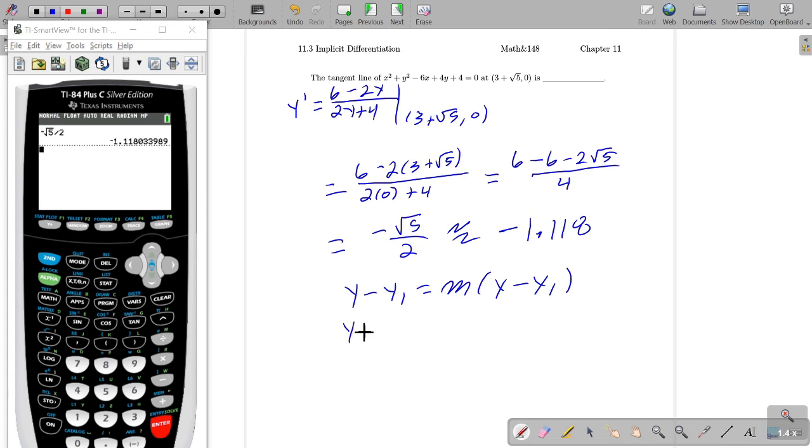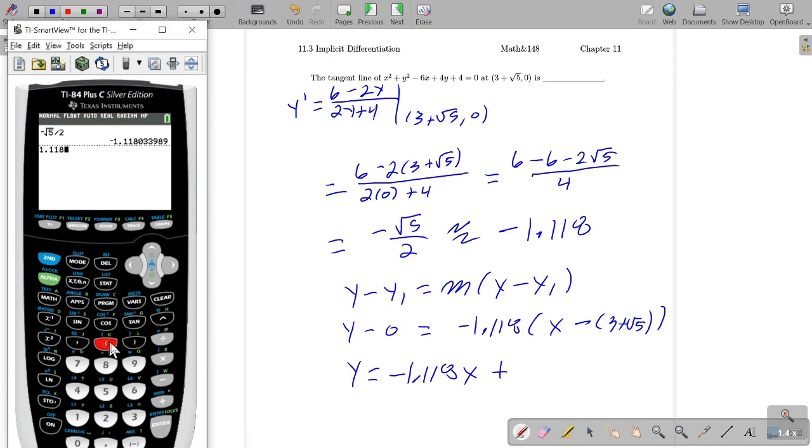So y minus 0 equals negative 1.118 times (x minus (3 plus radical 5)). So y equals negative 1.118x plus 1.118 times (3 plus radical 5), which is 5.854.